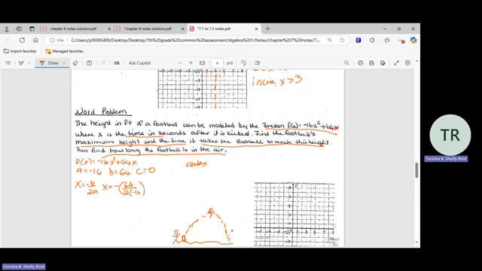So we have x equal to negative 64 over negative 32. So x is equal to negative 64 divided by 32, negative 2. So x is equal to positive 2.